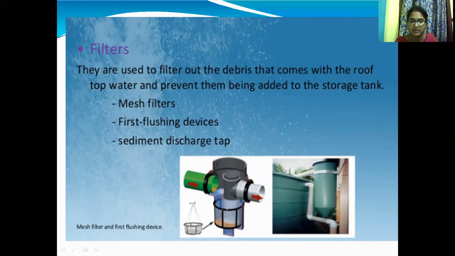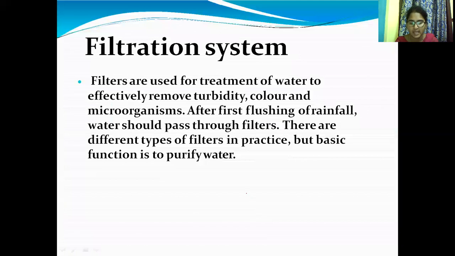That can be filtered by using these different types of filters. And the filtration system: filtrations are used for treatment of water to effectively remove turbidity, color, and microorganisms. After the first flushing, rainwater should pass through filters. There are different types of filters in practice, but the basic function is to purify water.